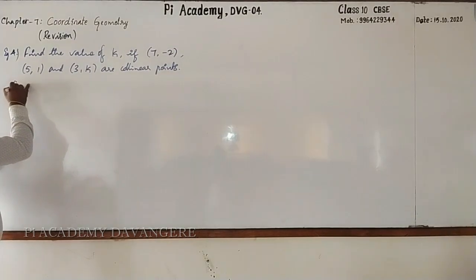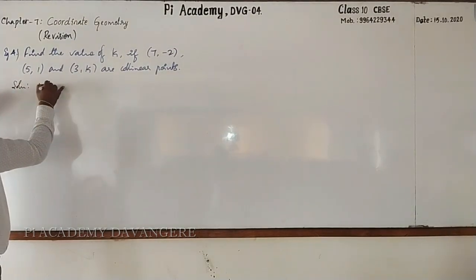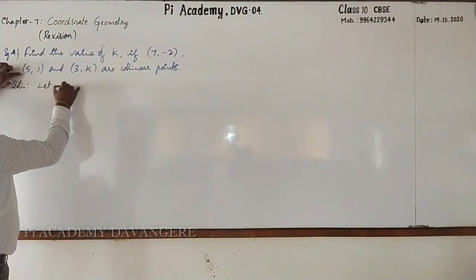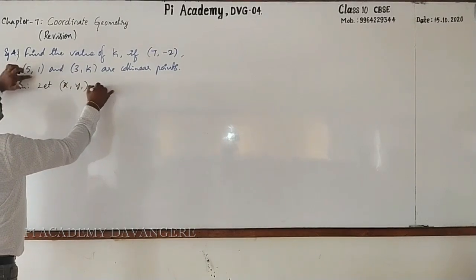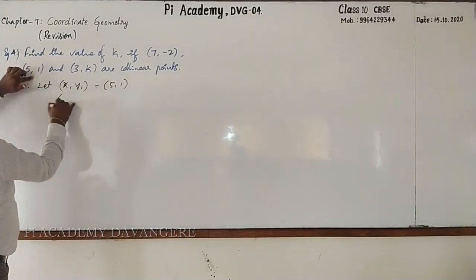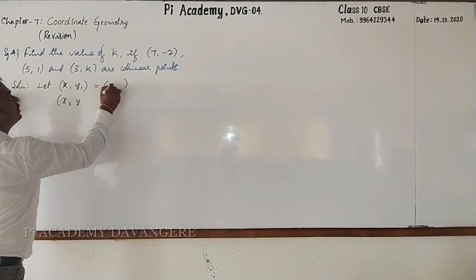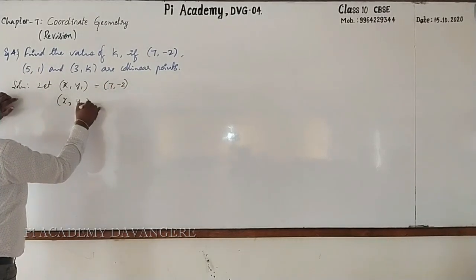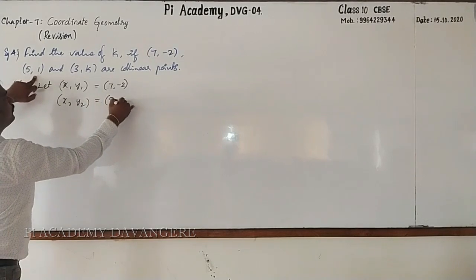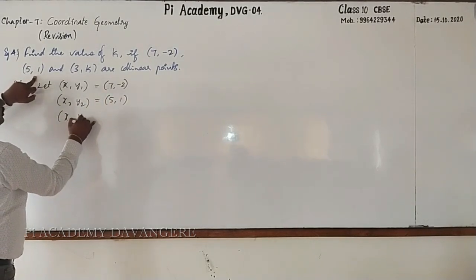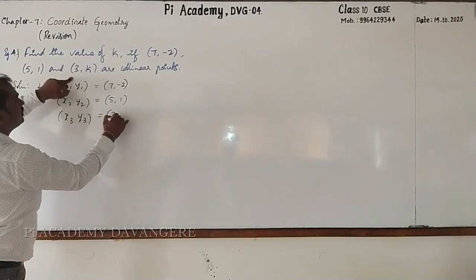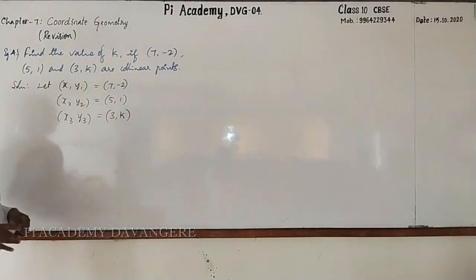Right? Solution. First, let (x1, y1) be (7, -2), (x2, y2) be (5, 1), and (x3, y3) be (3, k).